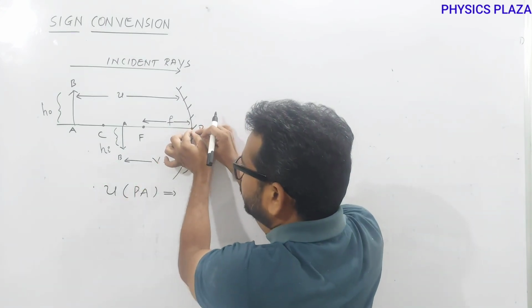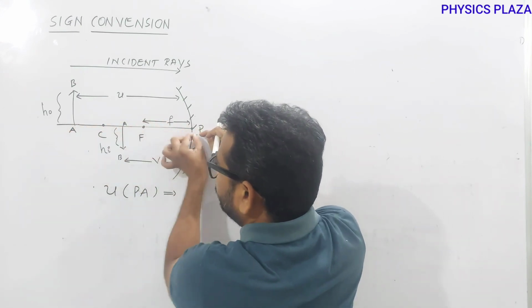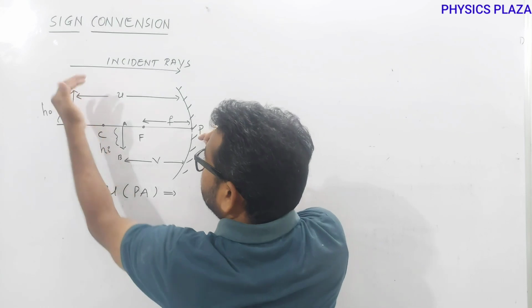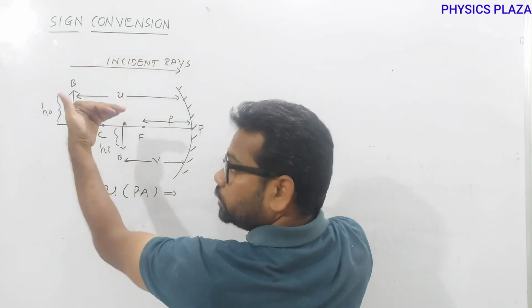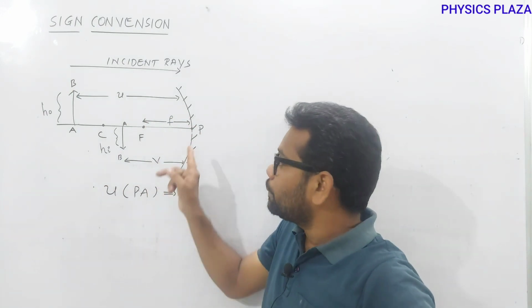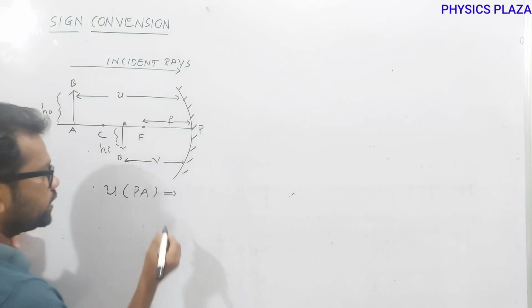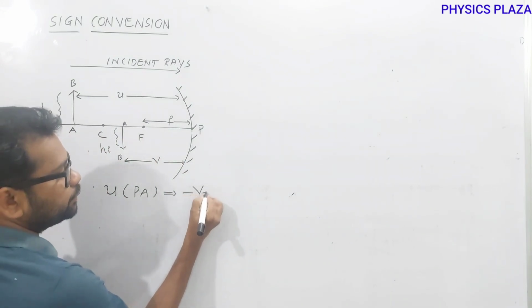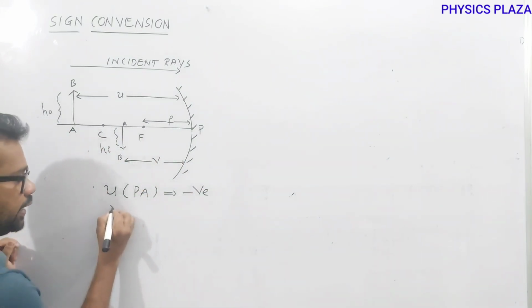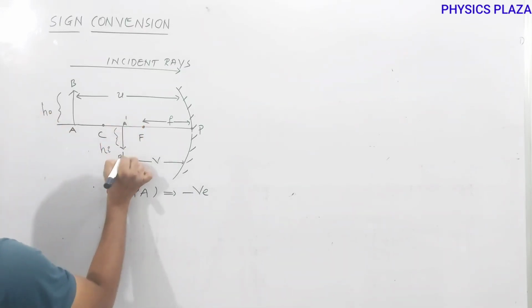So I should start from P and go to A. But as I am going from P to A, and the incident ray is coming like this, don't you think we are moving opposite to the direction? Yes. So the measurements taken opposite to the incident ray are negative. Which means the object distance is negative. Fine. Image distance. Image distance means you can take A dash B dash.